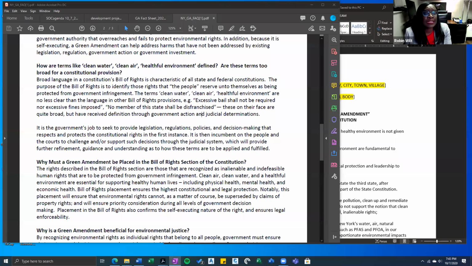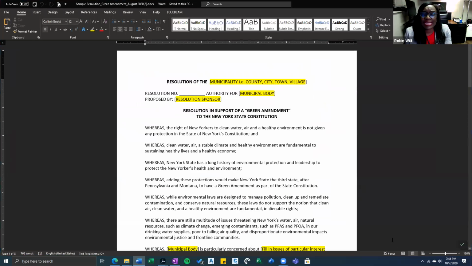We have SEQRA, and I think that we will continue to have those, and we will continue to have discussions regarding whether any given project or development impacts one's right to clean air, water, or a healthful environment.